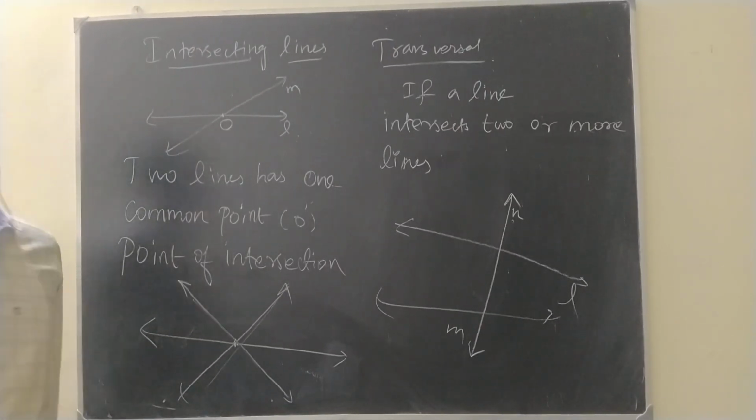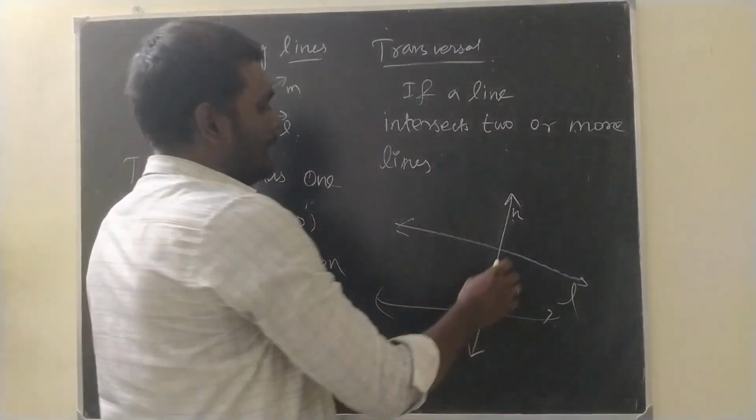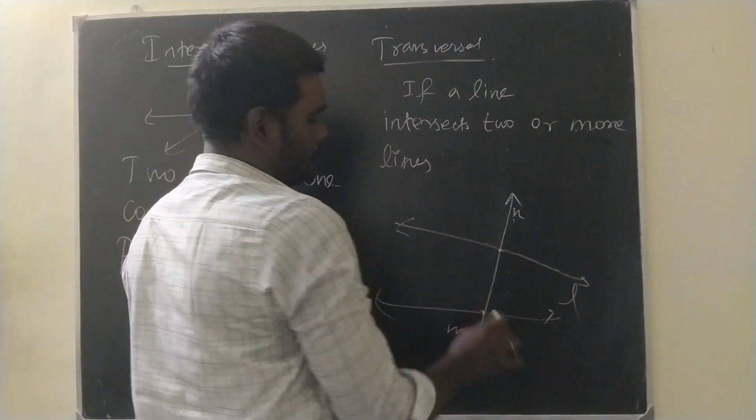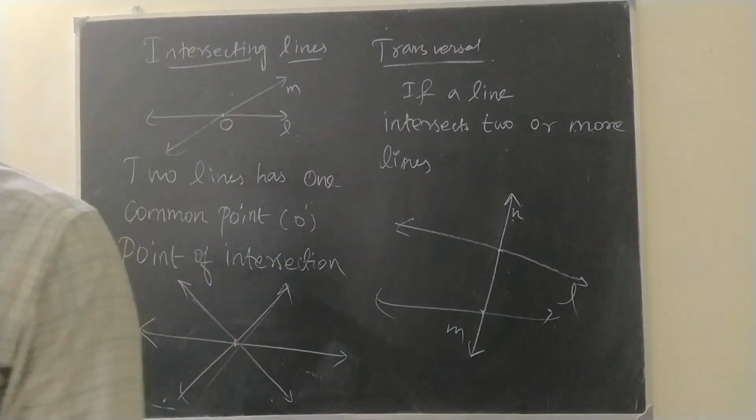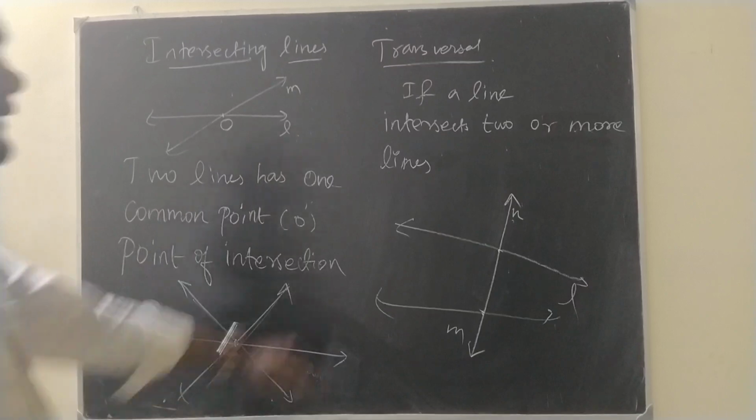Also, those points should be distinct points. This is for two lines.